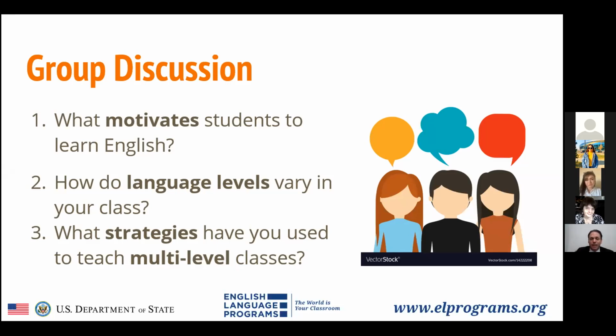Now, what strategies have you used to help with multi-level groups in your classrooms? I gave them different tasks, according to their levels.